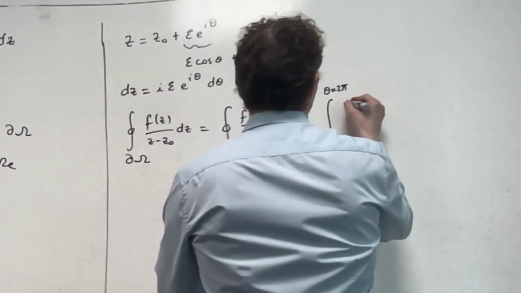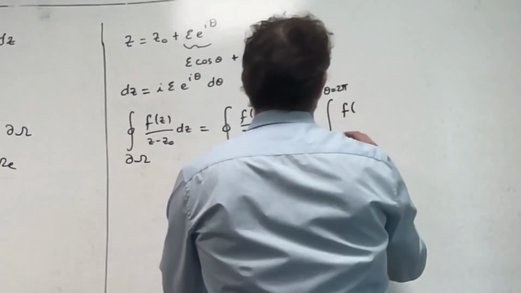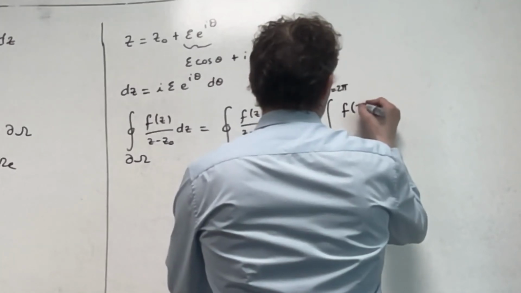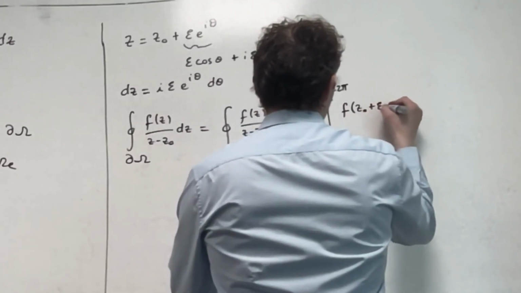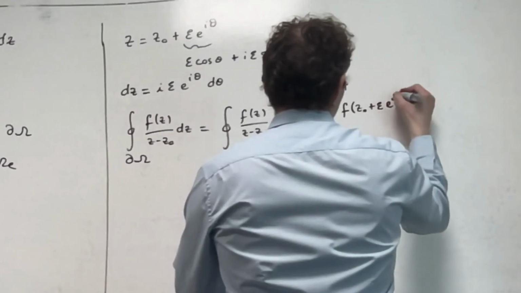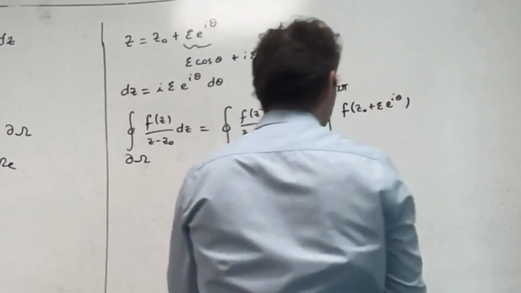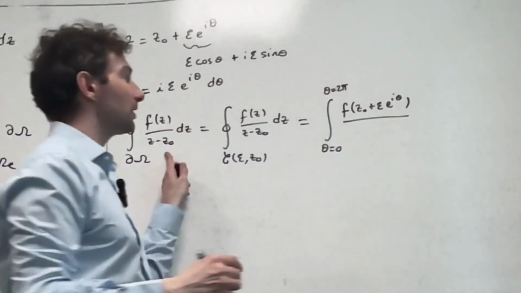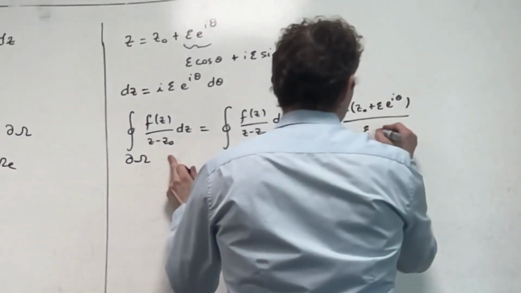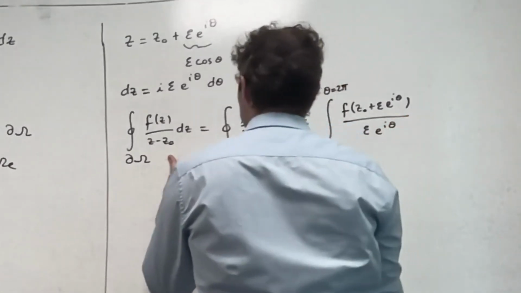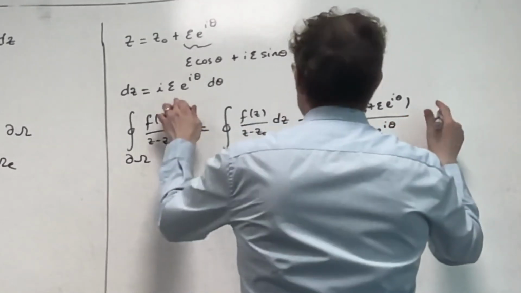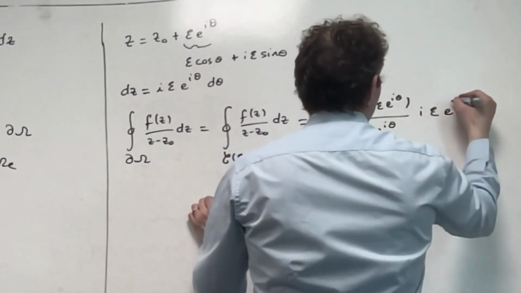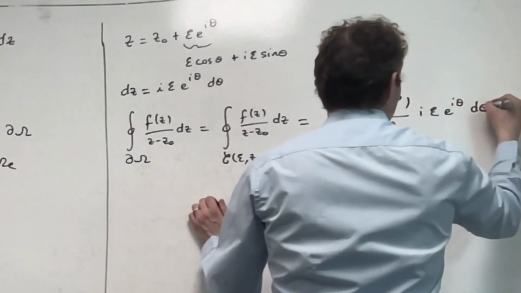Then here, so far I'm writing simply f of z0 plus epsilon exponential I theta. Here, z minus z0 is actually epsilon exponential I theta. And dz, we already said, was I epsilon exponential I theta, and then d theta.